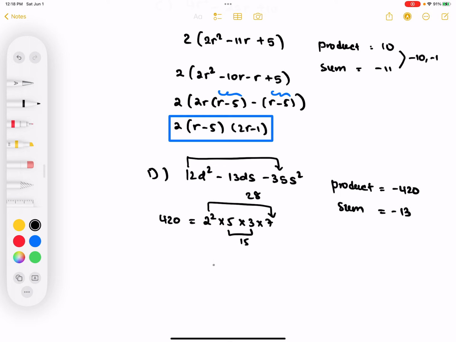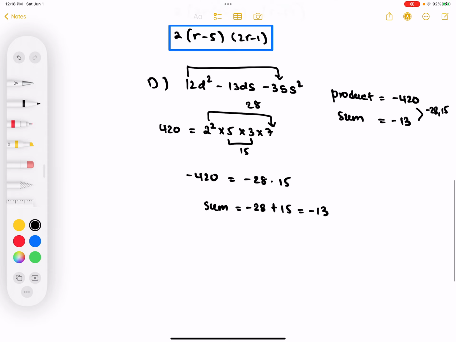So 420 can be written as 28 times 15, and it should also satisfy the sum. You see now? Then we can identify the numbers which give us a sum of negative 13, and the product of minus 420 is minus 28 and positive 15.